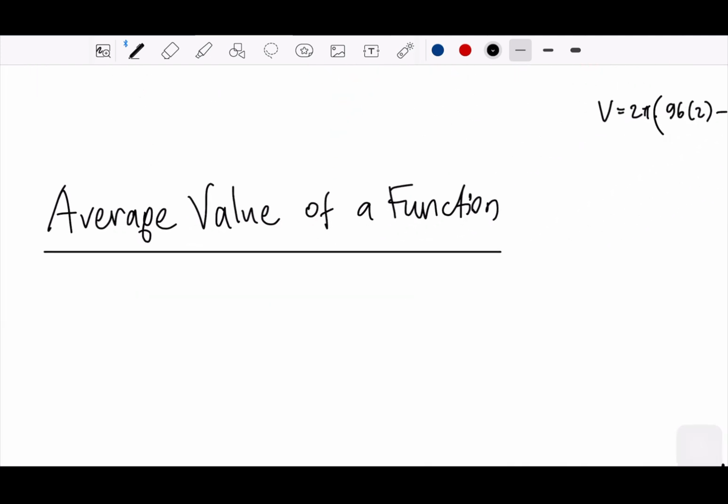So if we take y equal f of x, and we want to make the average value, let's say the y average, I'm going to write y avg for average. This will be y1 plus y2, and then depends how many y you have. Let's say we have some n, n can be any number, and divide by n itself, right? This will be the definition of the average value.